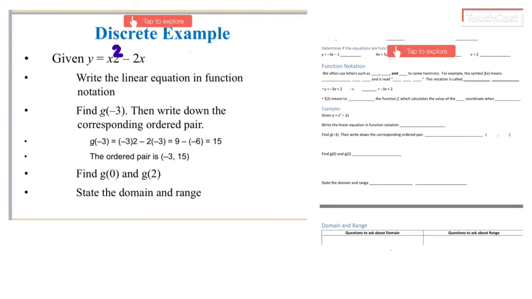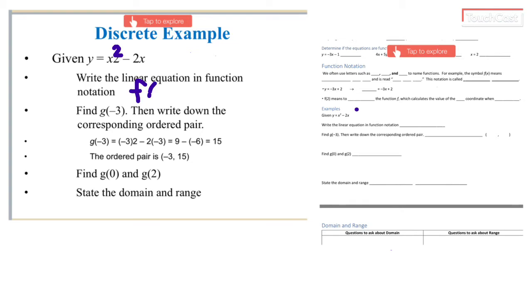On this example, which is also over here on your guided notes, do note that my formatting didn't stay the same, so this is supposed to be an x squared. What we want to do is first write this equation in function notation. So we're simply going to replace the y with an f of x.